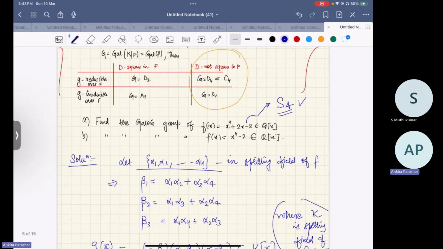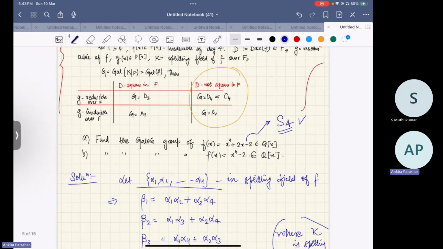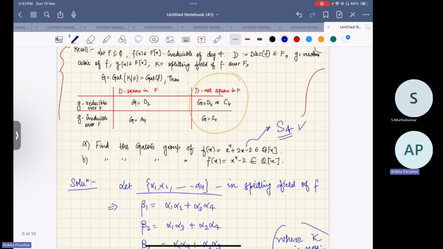So we were at finding the group. I think for this part, the Galois group is S4. This is clear, right? If the polynomial comes out to be of a certain form, let's say x power 4 plus cx plus d, then quickly you can find the discriminant through some formula and the resolvent cubic. It has to be a degree 3 polynomial, because you have x minus beta 1, x minus beta 2, x minus beta 3, so the product will be a degree 3 polynomial.